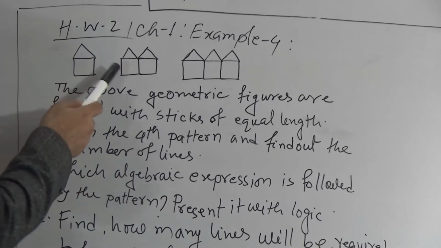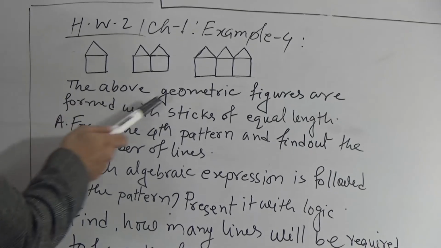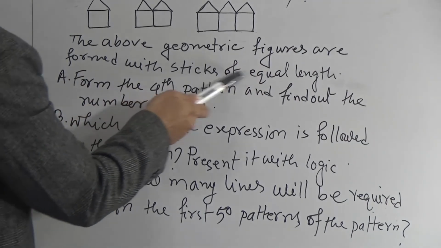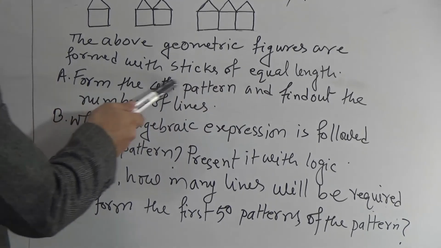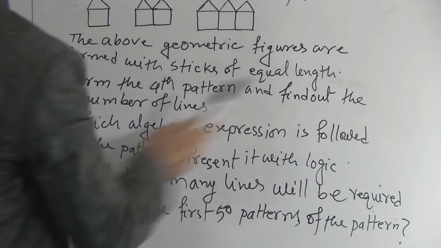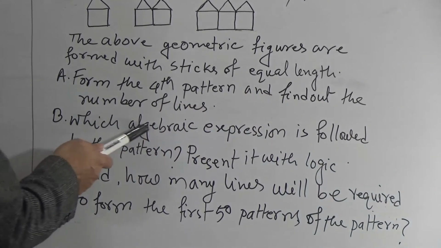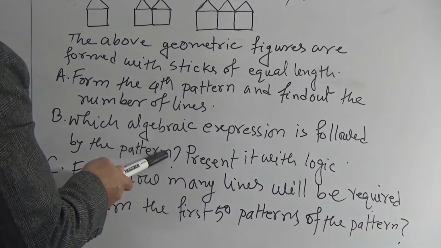See, here are some geometric figures given. Above geometric figures are formed with sticks of equal length. Question A. Form the fourth pattern and find out the number of lines. Question B. Which algebraic expression is followed by the pattern?